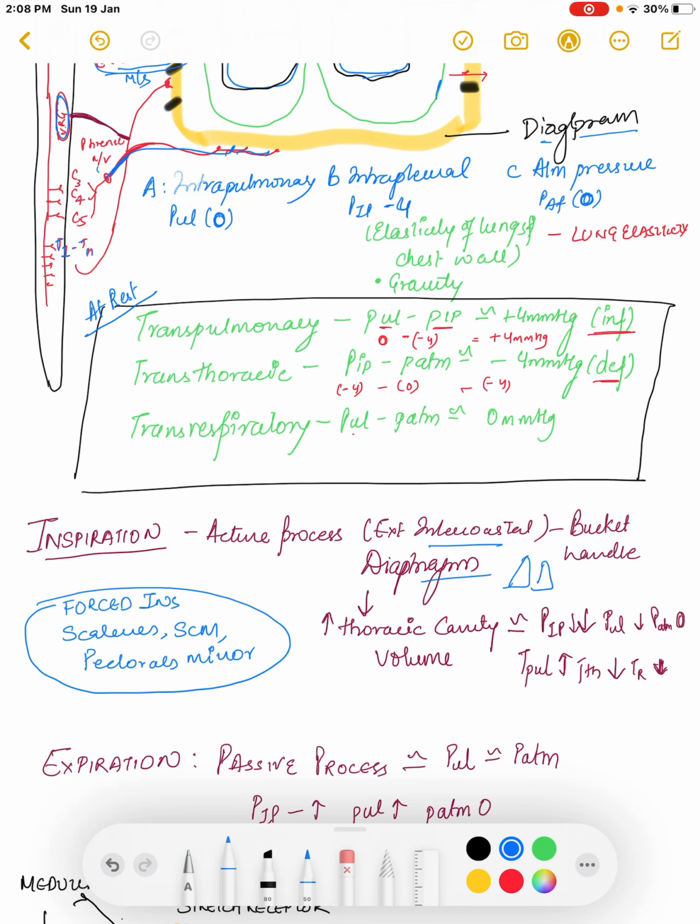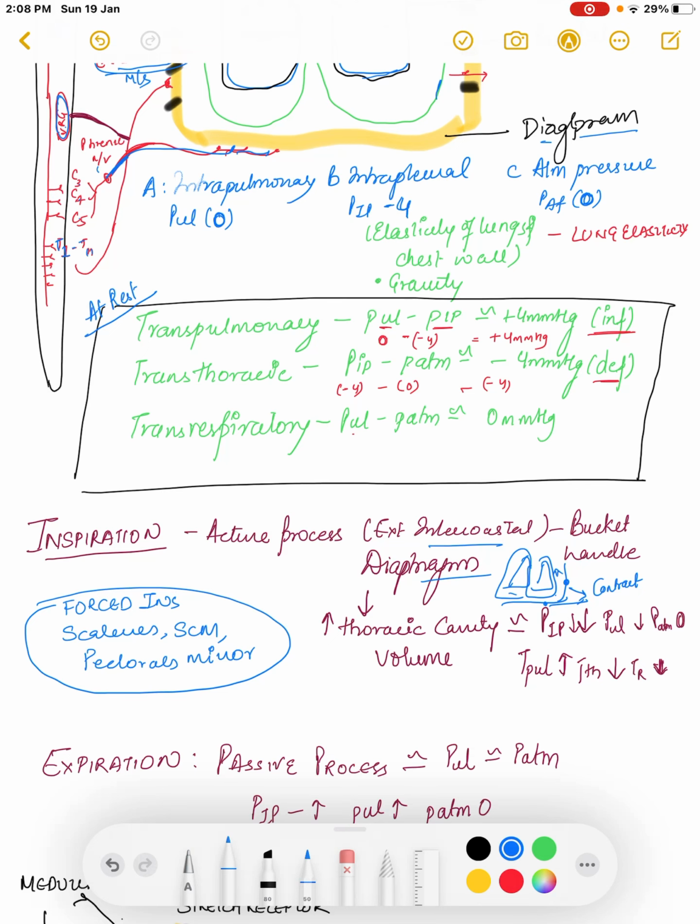these are the lungs and this is the pleural cavity. Whenever the diaphragm and the external intercostal muscles contract, there will be an increase in the pleural cavity volume.